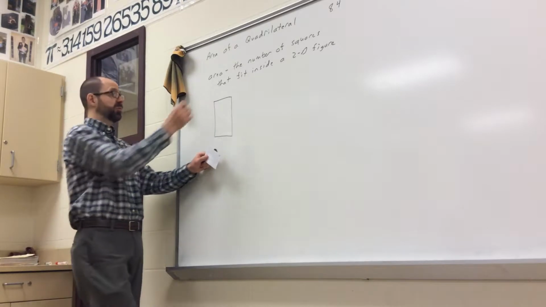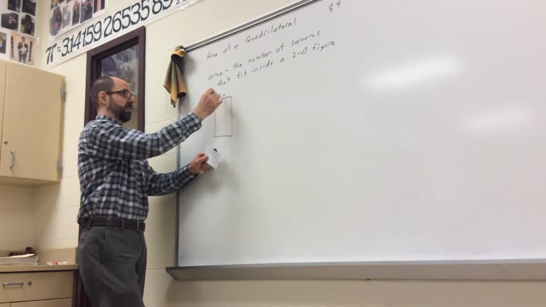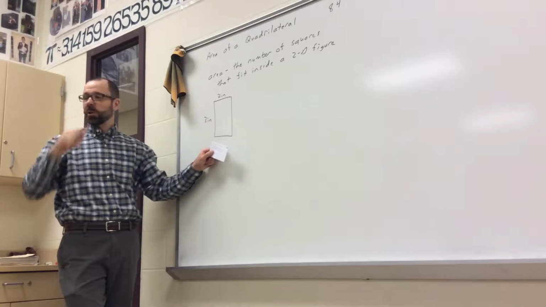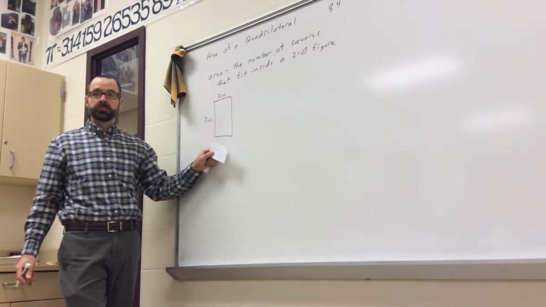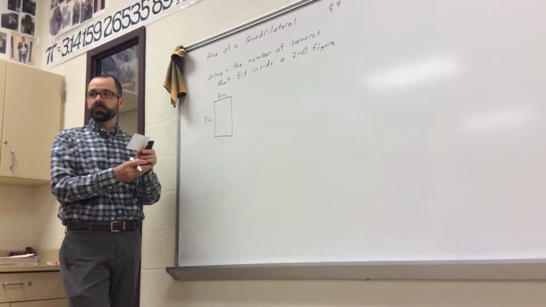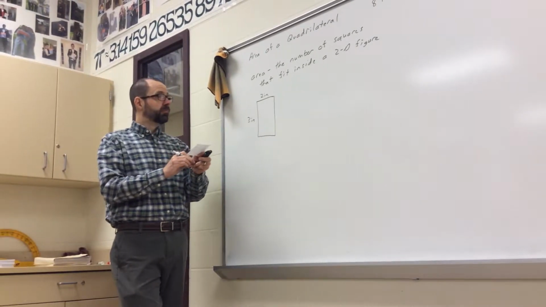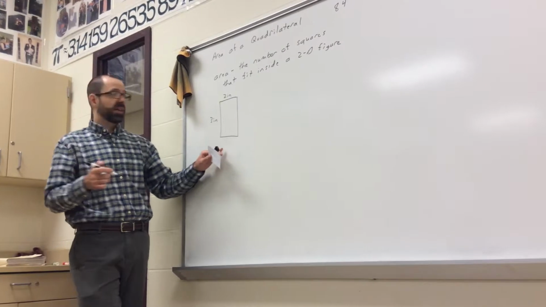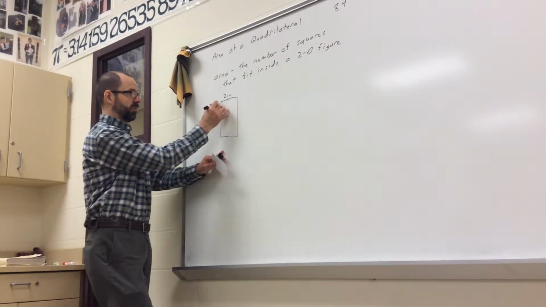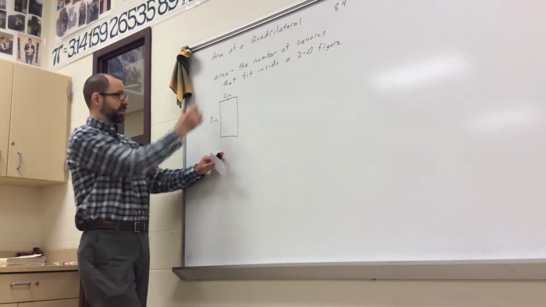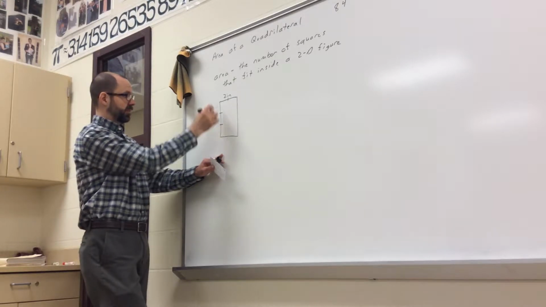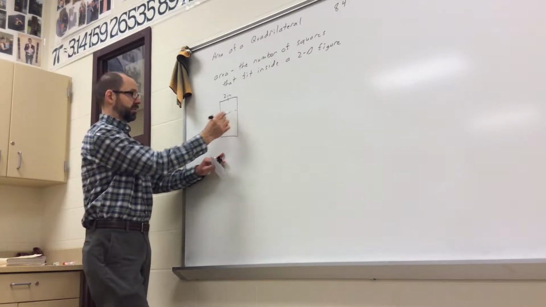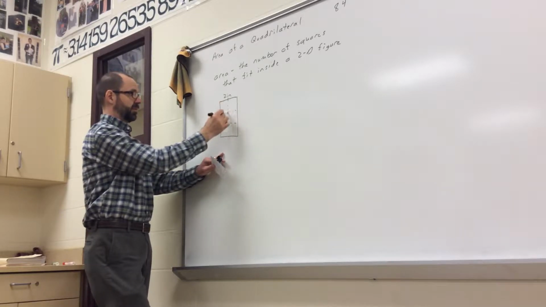And I'm going to say it's 2 inches on this side and 3 inches on that side. And then if I'm trying to figure out the area, I'm going to try to figure out how many squares fit inside. So this is 2, 1, 2, and this is 3, so 1, 2, 3. So I could divvy this up into a bunch of squares.